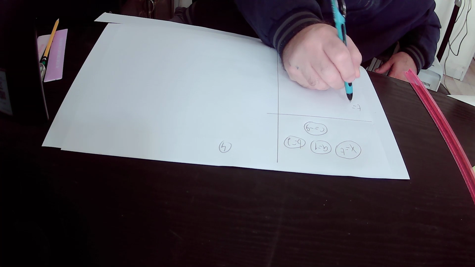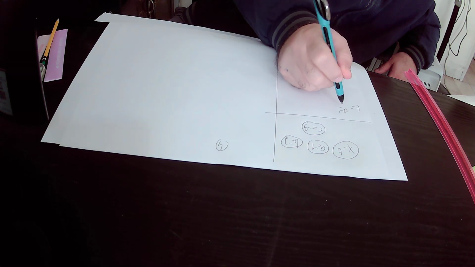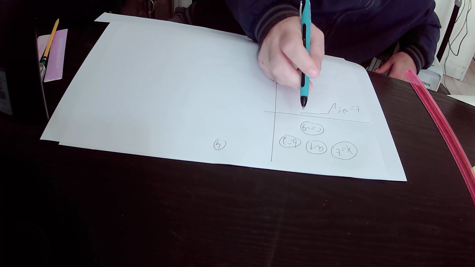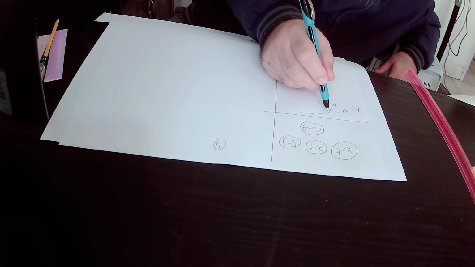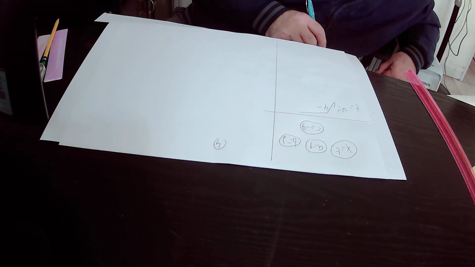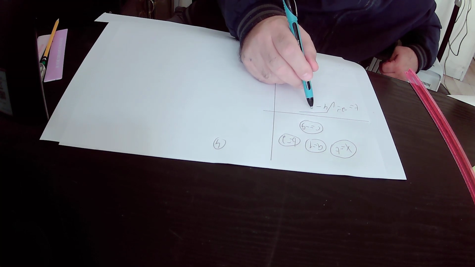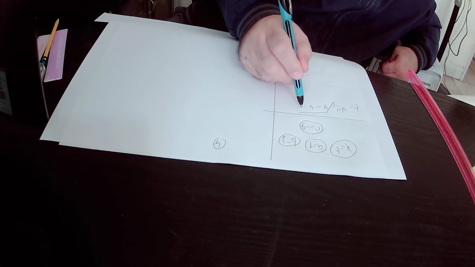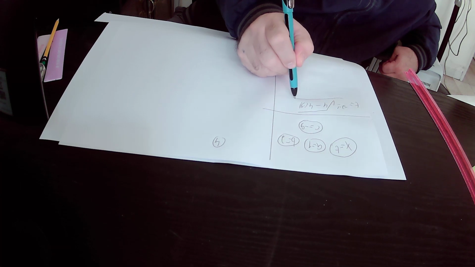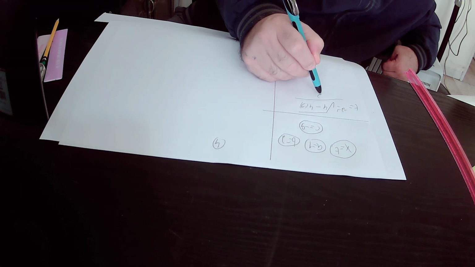t equals minus b, b is 2, so minus b is minus 2, plus minus square root of b squared, b is 2, so b squared is 2 squared, 2 squared is 4, minus 4 times a, 4 times a is 1, so minus 4 times 1 is minus 4, and minus 4 times minus 9 is plus 36, over 2 times a. 2 times a is 1, so 2 times 1 is 2.